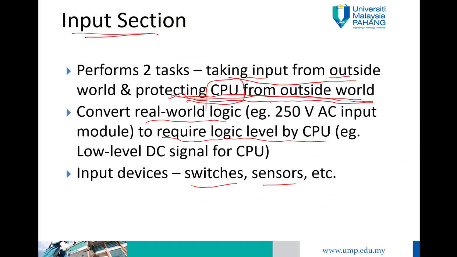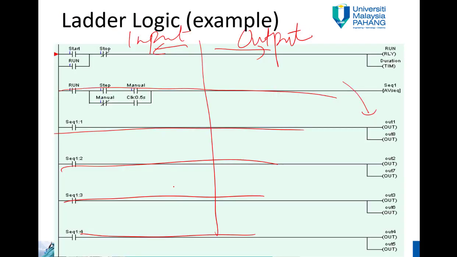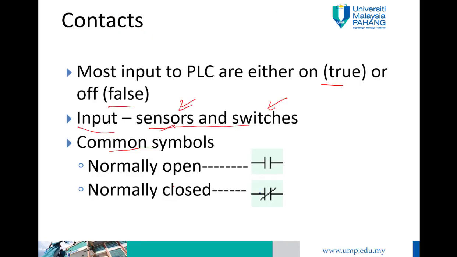The common symbols used are normally open type and normally closed. If you still remember in electro hydraulic and pneumatics, the normally open symbol is like this and the normally closed symbol is like this. But in PLC the normally open is this one and normally closed is this one.